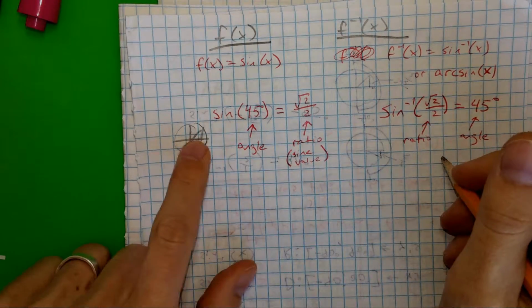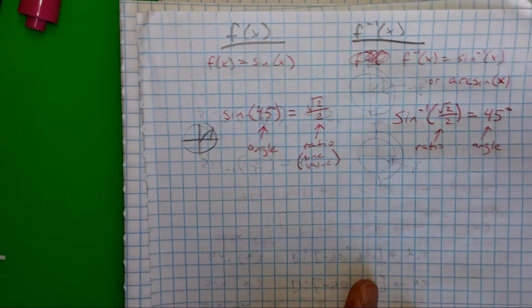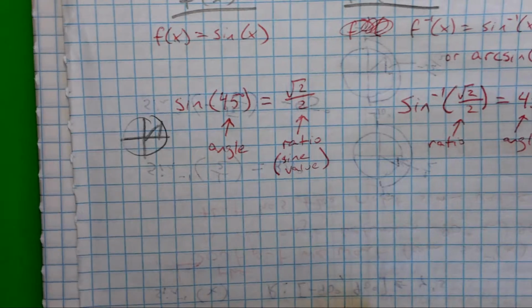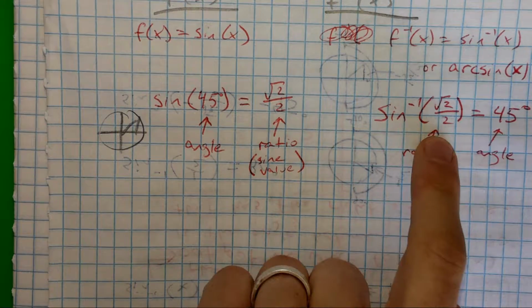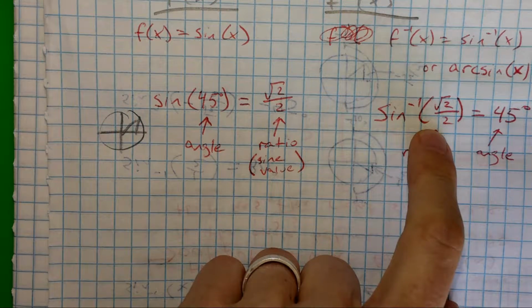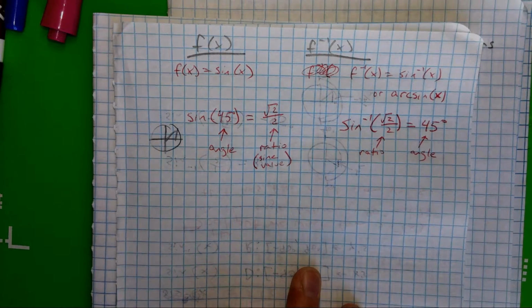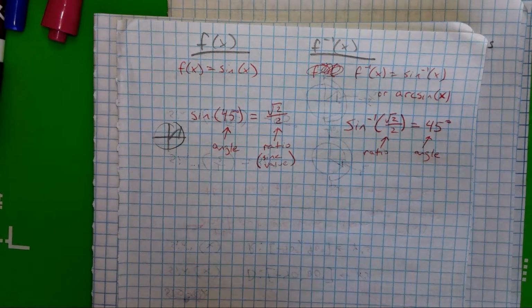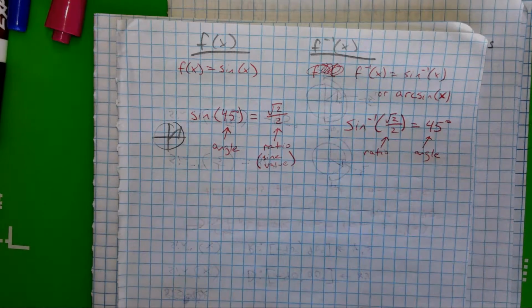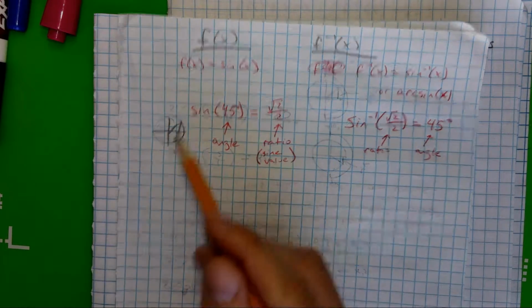Now, side note, and we'll talk more about this a little bit later. You told me that the angle that has a sine value of square root of 2 over 2 is 45 degrees. Is that the only angle that has a sine value of the square root of 2 over 2? Is there another angle? What's another angle that has the same sine value?